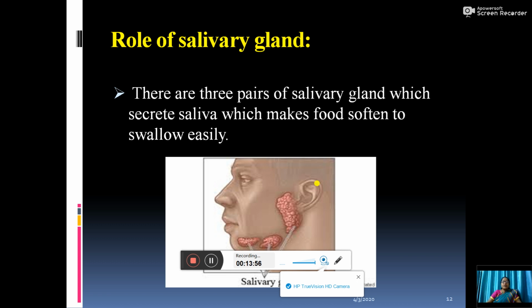And what is the role of this? It makes our food soft to swallow easily. Without softening, can you eat food easily? No, it is not possible, because our alimentary canal, that is the esophagus, is also a muscular organ. So soft food can easily pass through it to the stomach.